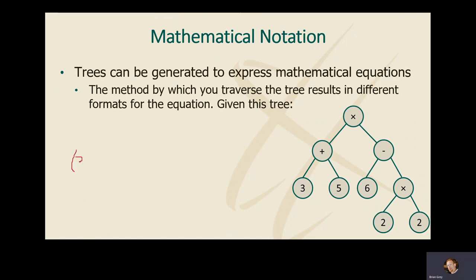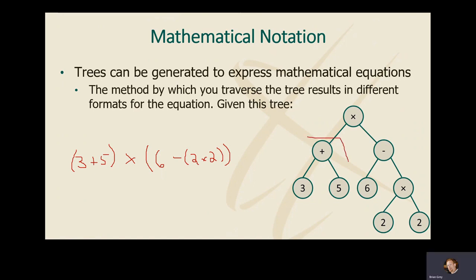Traditionally, this is supposed to specify 3 plus 5 times 6 minus 2 times 2, right? That's what this is supposed to show.